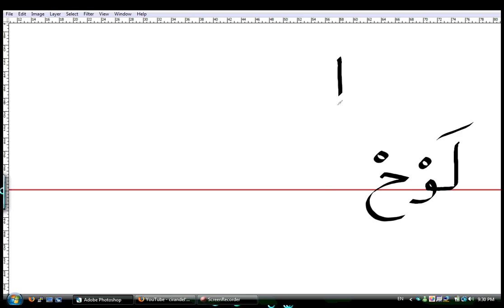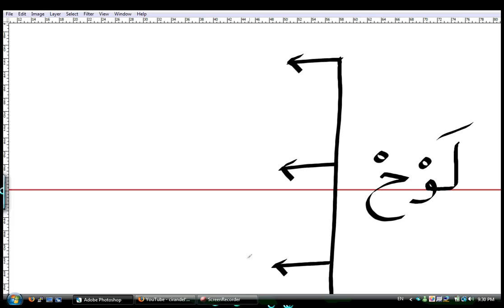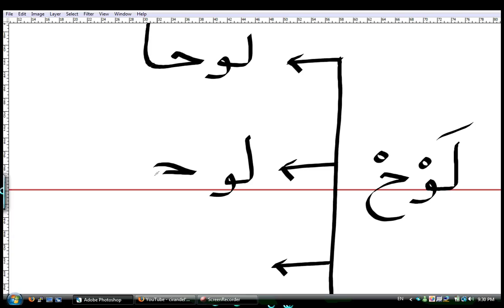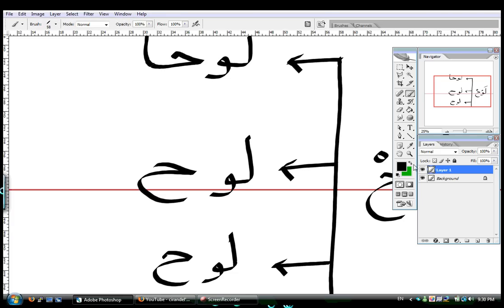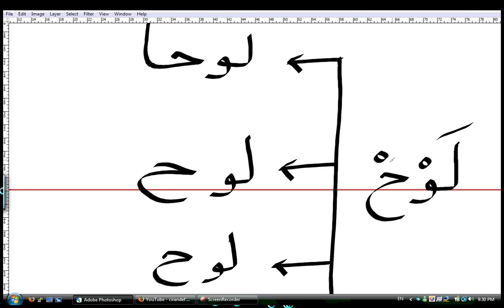So what are the three variations of that with at-tanween? I'll let you guess. So the first one would be law-ha something. The second one will be law, and the third one would be law. Okay, so I hope you know how it's pronounced by now.